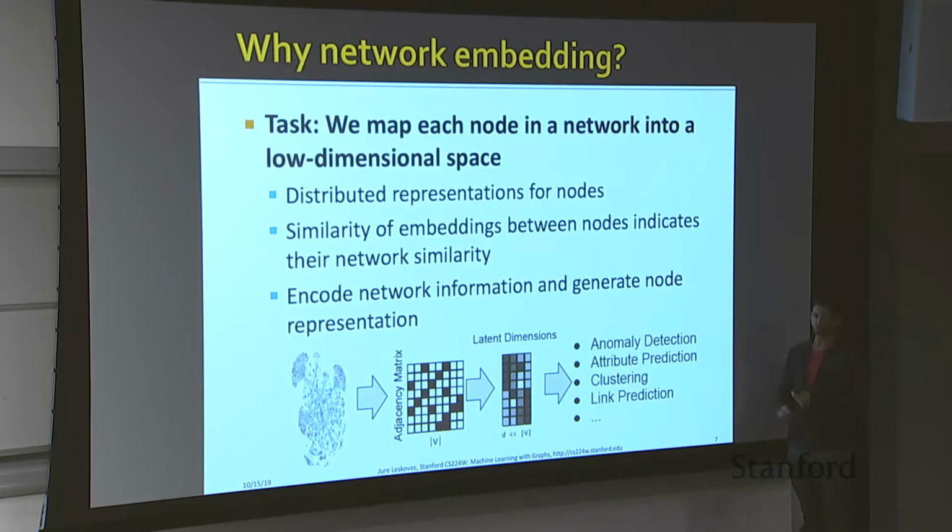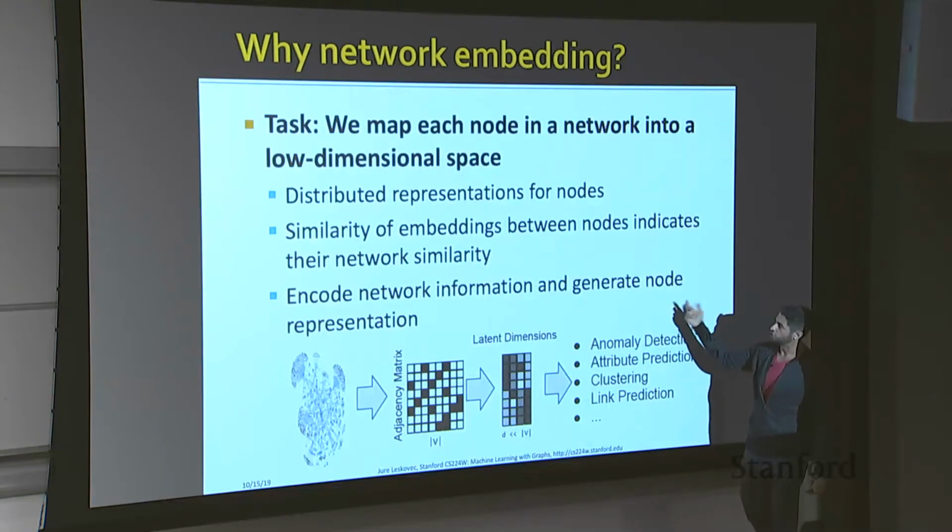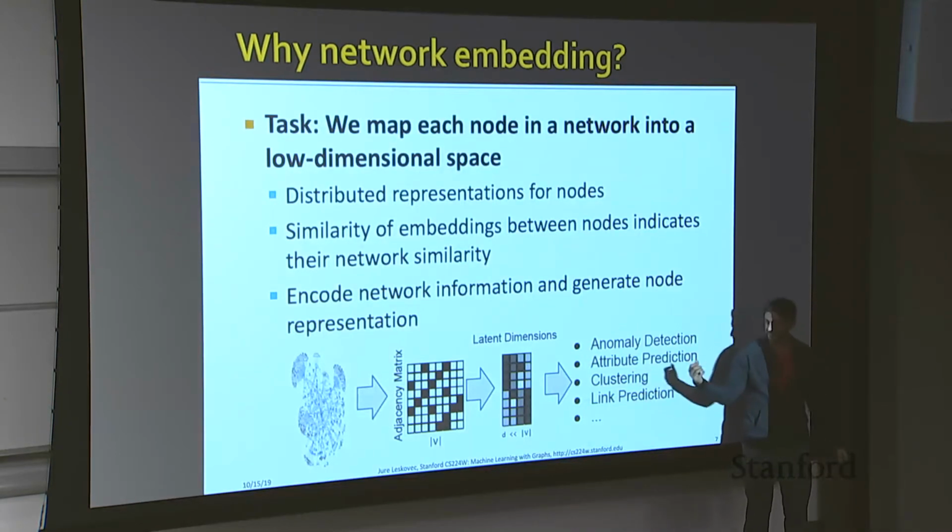Usually, if these vector representations are similar, we want the nodes themselves to be similar. They could be adjacent in the graph, connected, or have similar structural roles in the network. At the end of the day, we want each node representation to encode as much network information as possible.